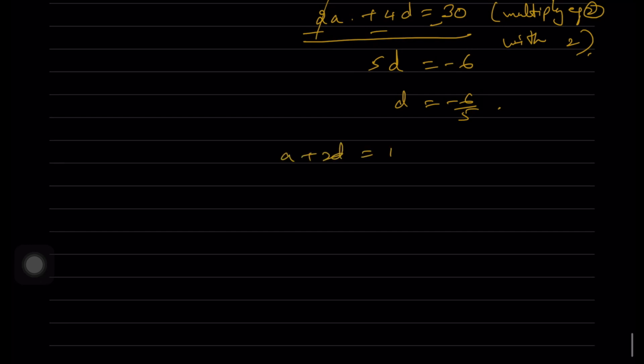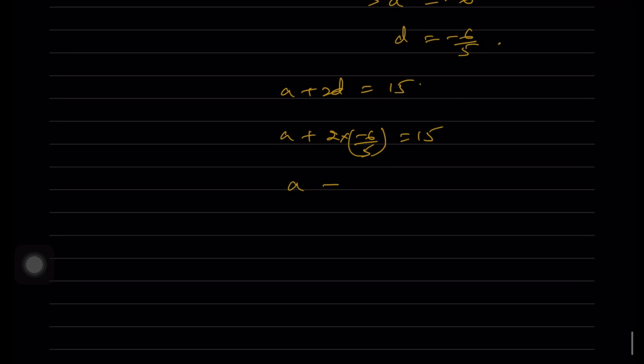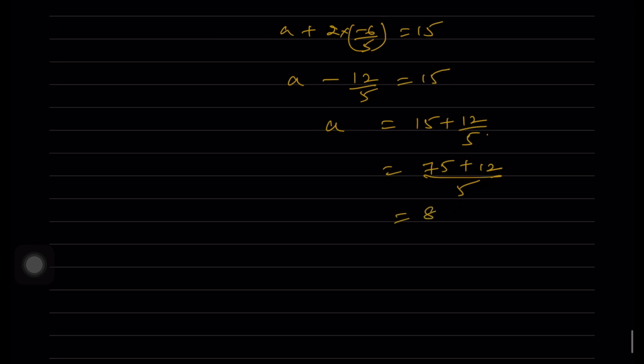We got this as d value. So a plus 2d is equal to 15. So in the place of d we can write minus 6 by 5, which is equal to 15. So a minus 12 by 5 is equal to 15, or a is equal to 15 plus 12 by 5, which is equal to 75 plus 12 by 5 by taking the LCM, which is equal to 87 by 5. This is the value of a.